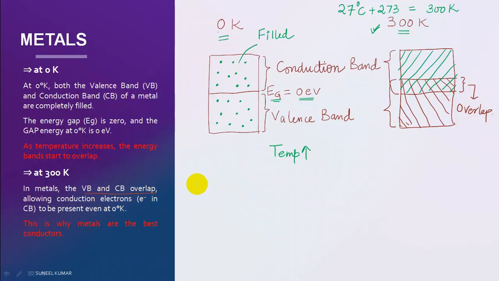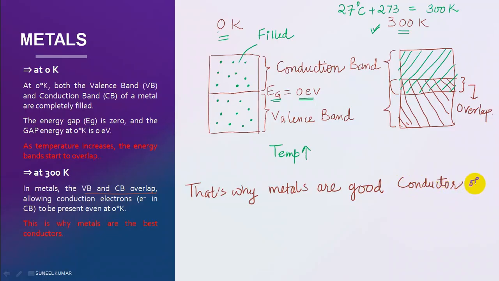So this can be concluded: that's why metals are good conductors of electricity even at 0 Kelvin.